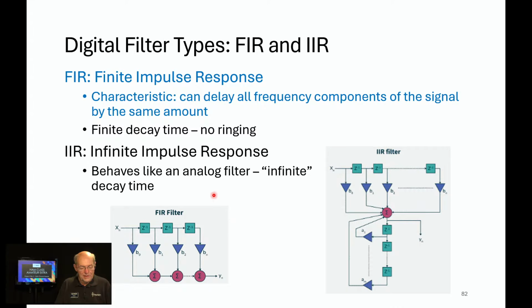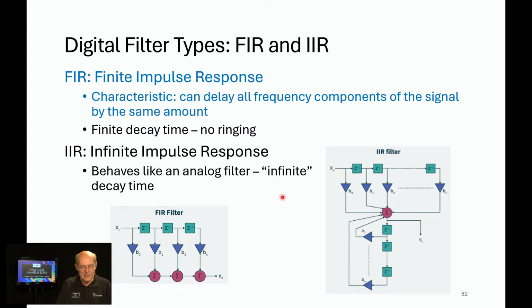Now the infinite impulse response. Look how much more complex this looks. We have our delays again, we've got our taps again, but we have some feedback loops here. Out of this chain, we've got a feedback loop coming into a summer, summing the signals. We've got another feedback loop here. So this can go around and around in circles. So this behaves more like an analog filter, and the decay time can be considered to be infinite.